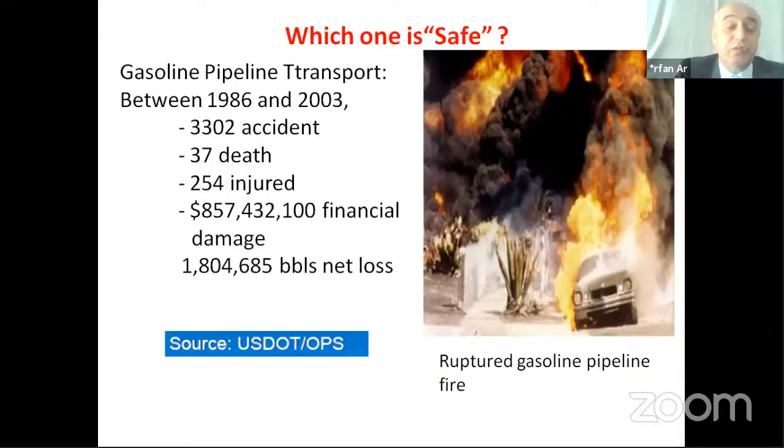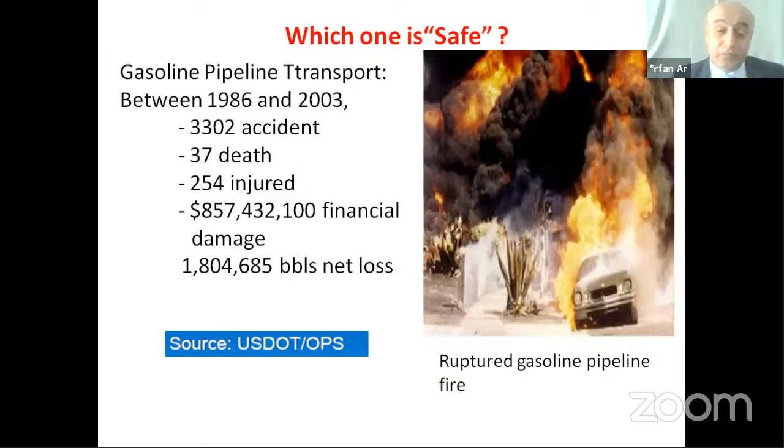Please look at these figures. Between only 1986 to 2003, 3,302 accidents, 37 deaths, 254 injured, and $857,432,100 financial damage.